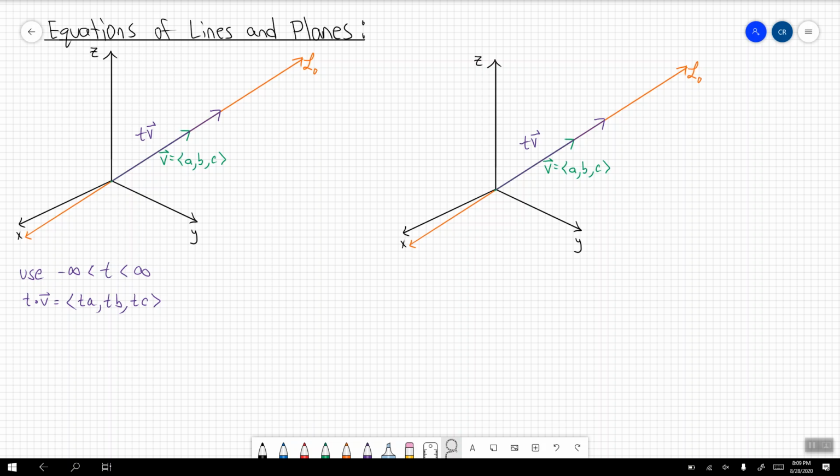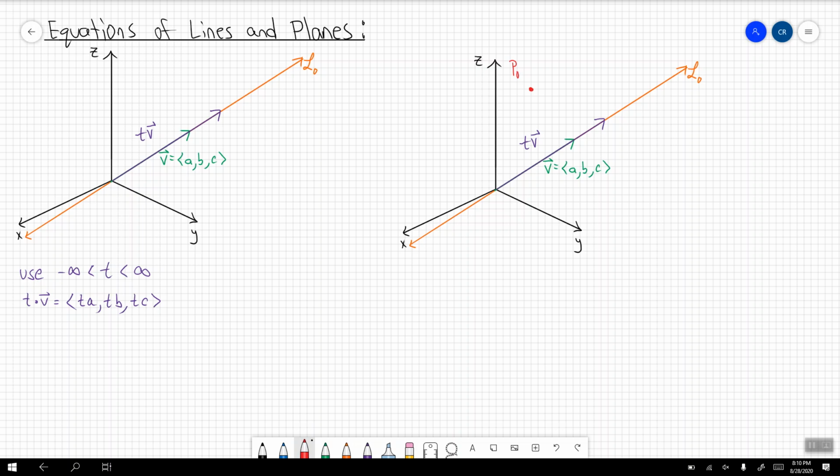And what I'm going to do now is select a random point in R space 3. So let's create a random point in R space 3, and let's go with the color red here. So here's my point. Let's call this P naught.